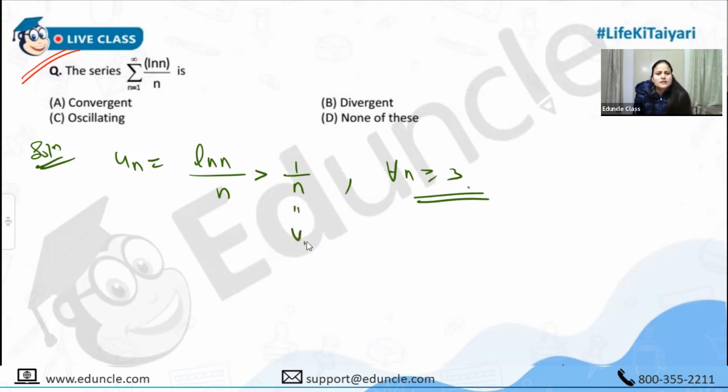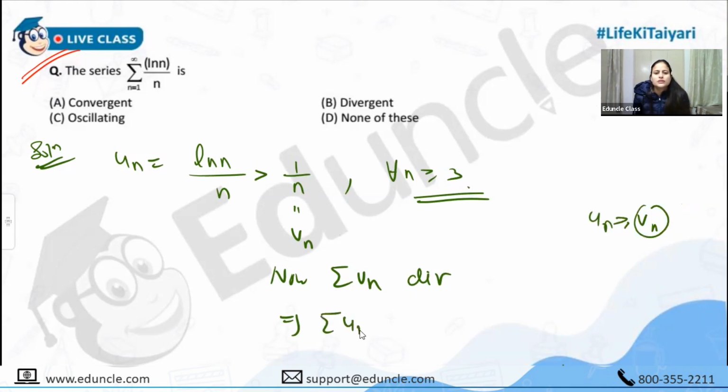So it is my auxiliary series Vn, correct? Now here the series Vn is what? Divergent. Un is greater than or equal to Vn you are getting, and Vn is divergent, so it implies that your series Un is divergent. Correct? So we can do it by the first comparison test. No need to apply Cauchy's condensation test every time. So our option B is correct. Series is divergent.